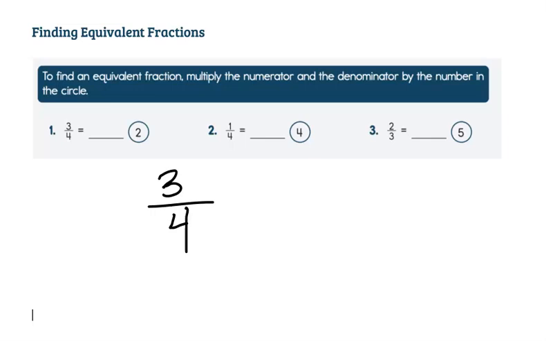For this activity, the number that we need to multiply the numerator and the denominator by has been provided for us. However, let me go back to what I said at the beginning of the video.